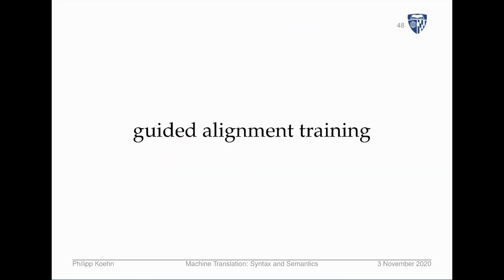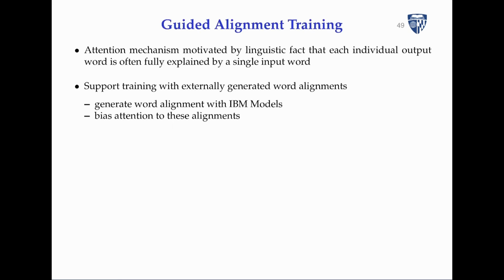Let's look at another area where some understanding of the translation process could be integrated into improved models for neural machine translation. We start with guided alignment training. We already have this attention mechanism, which is pretty well motivated by the linguistic fact that each individual output word is often fully explained by a single input word.